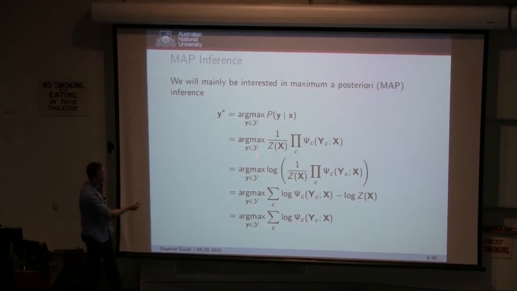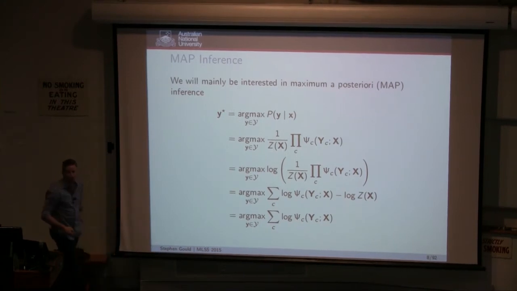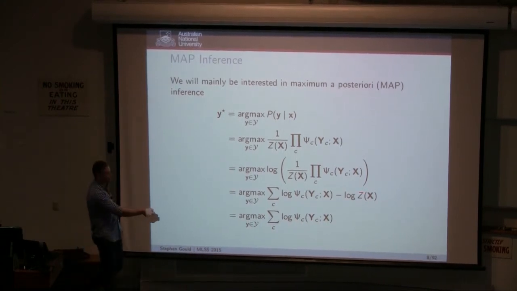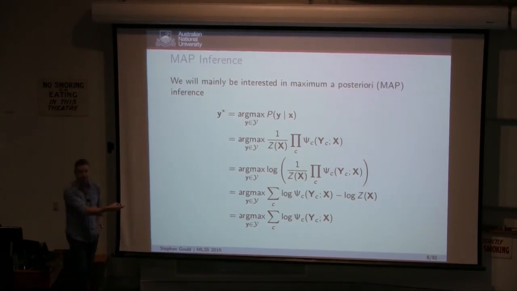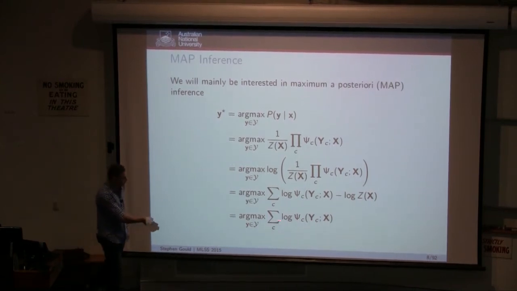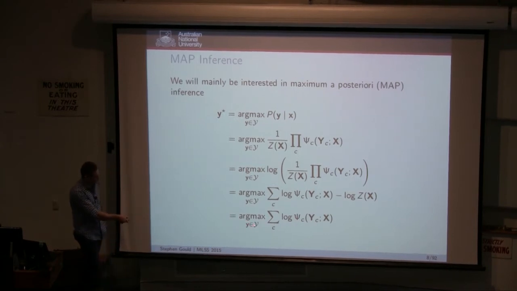And so in terms of inferring the most likely assignment, inferring the y with the highest probability, we can ignore this partition function. And I said, on the last slide or a few slides ago, one of the main difficulties is in computing this partition function. So this is great, the fact that we can now ignore it in finding the most likely assignment to the y's. And so we are left with this problem over here, which is to find the y that maximizes this sum, okay?